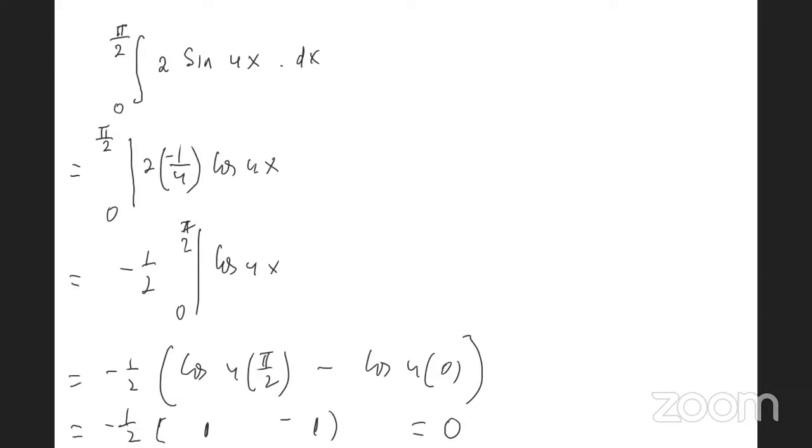Or 4 in front, right? So cos 2 pi is 1. Check in the calculator. Just make sure again, all right? Cos 2 pi is 1, and then cos 0 is 1.